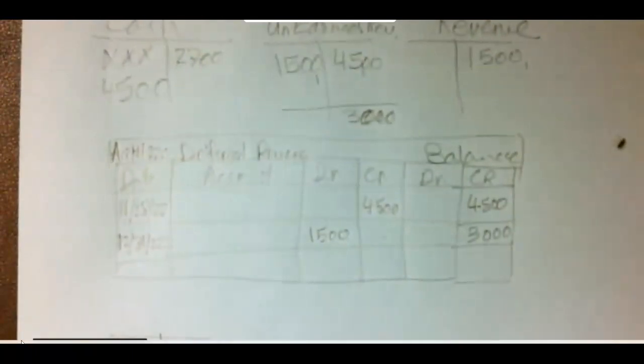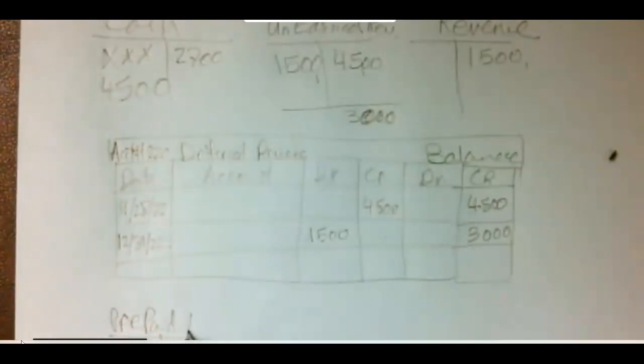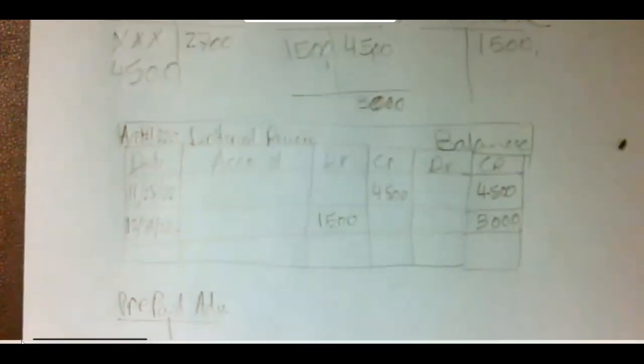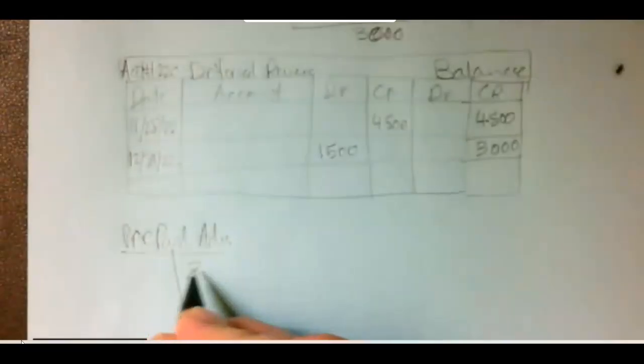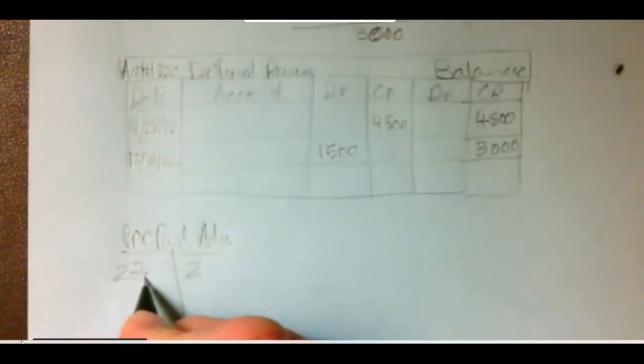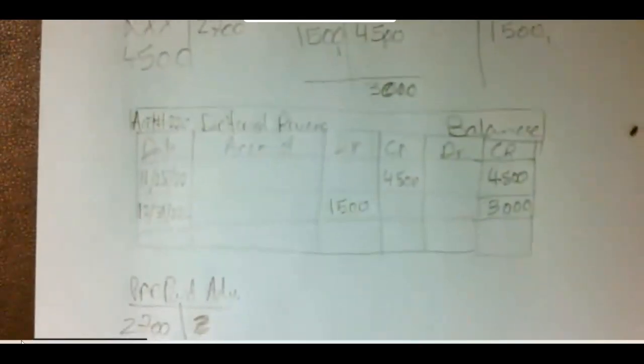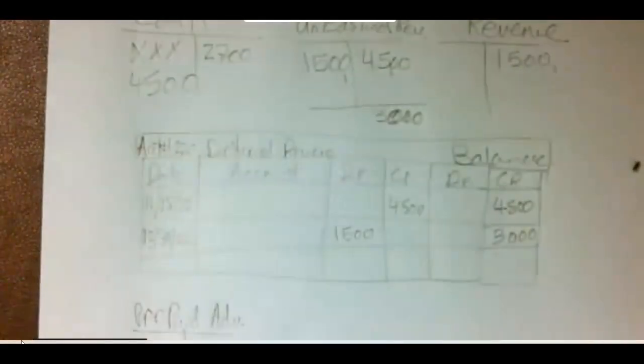And we recognized prepaid advertisement for 2,700. So prepaid advertisement, $2,700 asset recorded, cash has been credited.